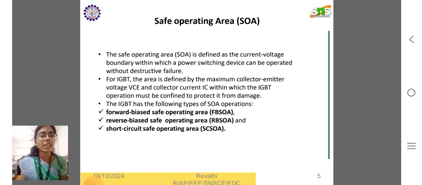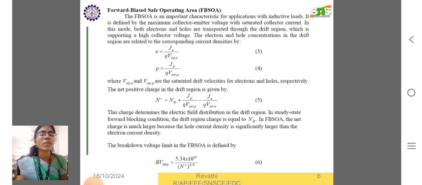The IGBT has the following types of SOA operations: forward biased safe operating area, reverse biased safe operating area, and short circuit safe operating area. The forward bias safe operating area is an important characteristic for applications with inductive load.